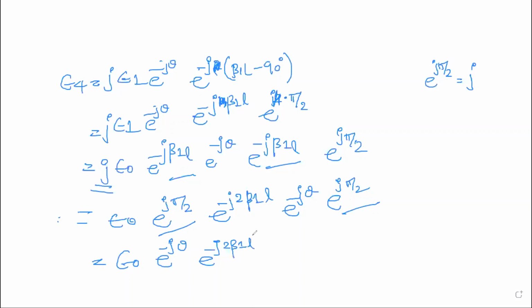This is 2 beta 1L. j pi by 2 plus j pi by 2 will be how much? e to the power j pi by 2 plus j pi by 2 will be 2j pi by 2. So you will have e to the power j pi.